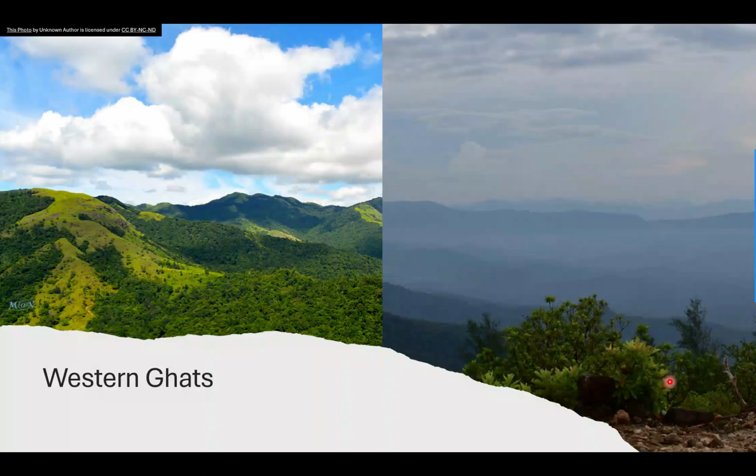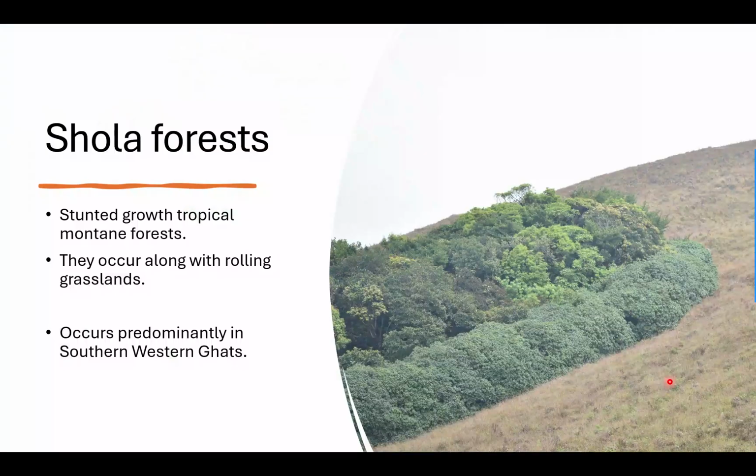And yeah, there are Western Ghats. These are also one of the oldest mountain chains, and they spread across much of the western coast of India. Eastern Ghats are spread across the eastern coast, or at least the eastern side of India. And one of the unique habitats that you get to encounter in the Western Ghats are the Sola forests.